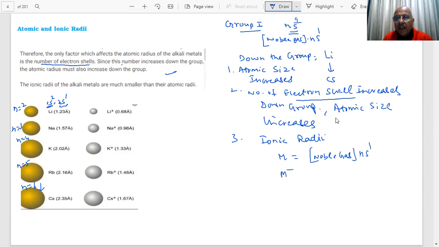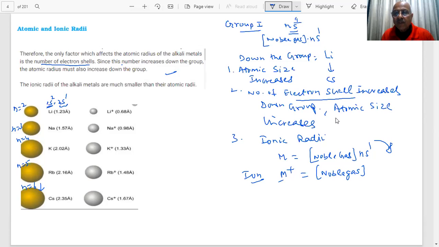If I form the M plus ion, what will happen? It will be left only with the noble gas. This electron will be ionized and will leave. So you get noble gas configuration. This is why I'm writing M plus, after they lose one electron.